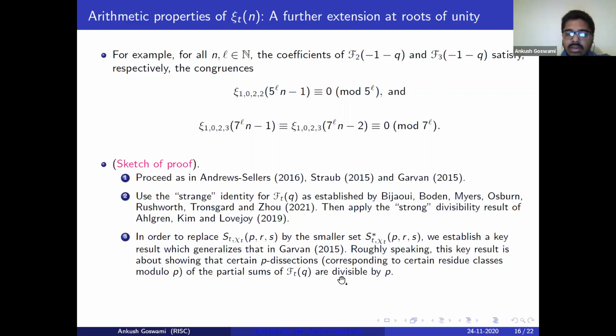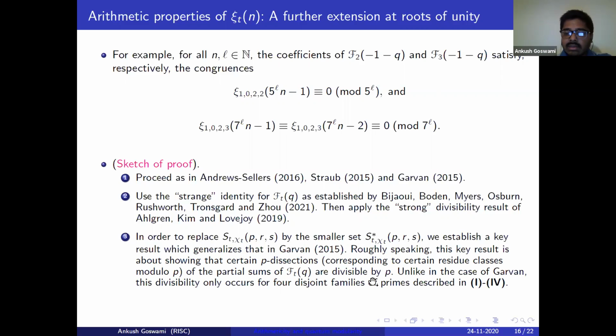Once one establishes this, one can actually replace the set S_t chi_t by the set S_t chi_t star. And as I said earlier, unlike in the case of Garvin, this divisibility only occurs for four disjoint families of primes described in 1 to 4. When t is 1, this union gives you all the primes. And when t is bigger than or equal to 2, you have only four disjoint families of primes where the theorem holds.